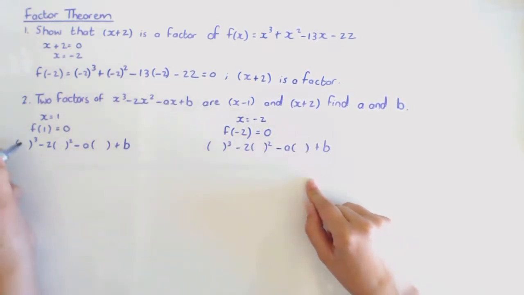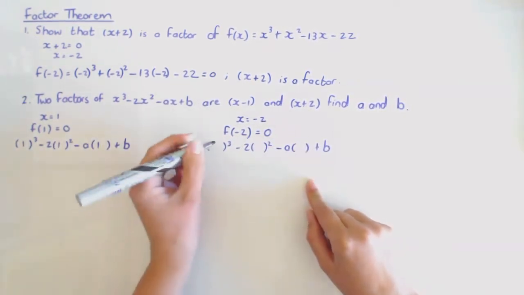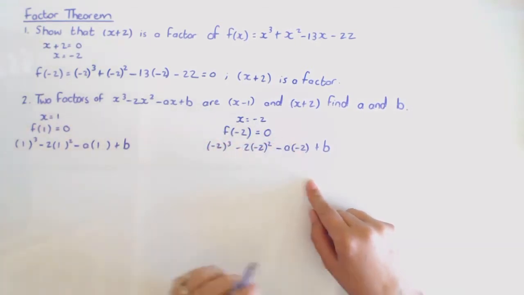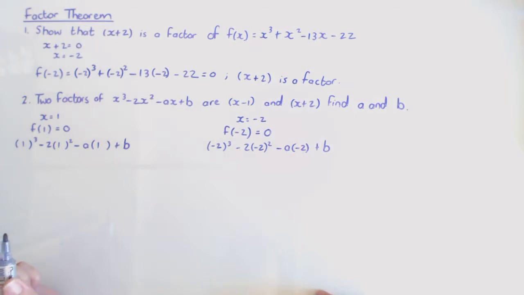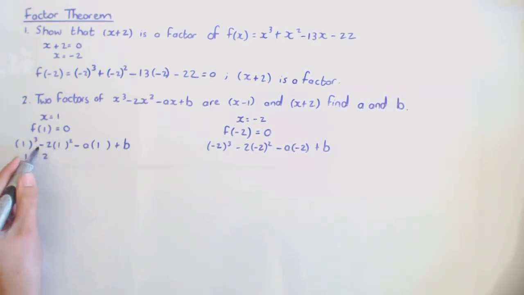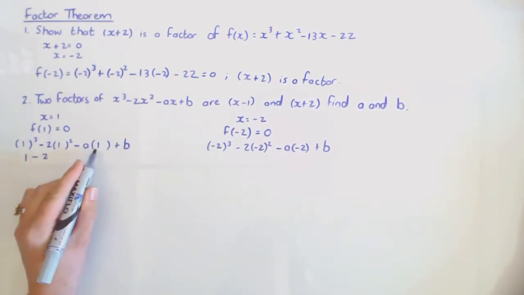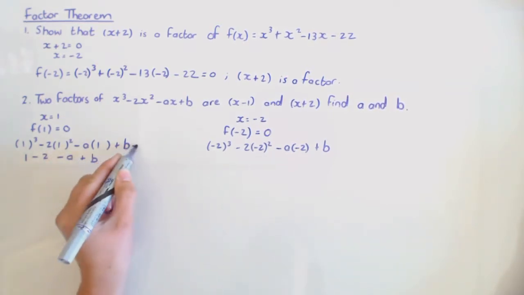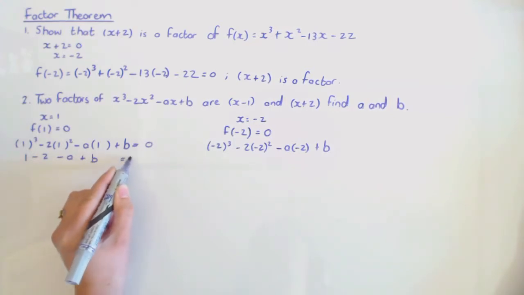And then here I'm going to substitute 1, and here I'm going to substitute -2 into my function. So I have 1 cubed is just 1, 1 squared is also just 1, so this is just -2, a times 1, plus b. Oh, I forgot to put the equals to 0.